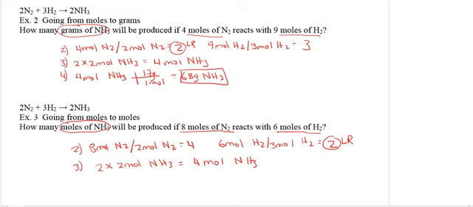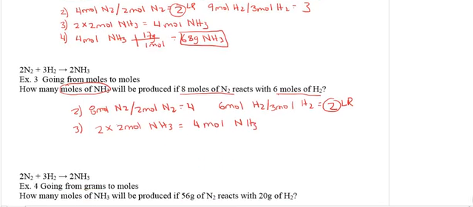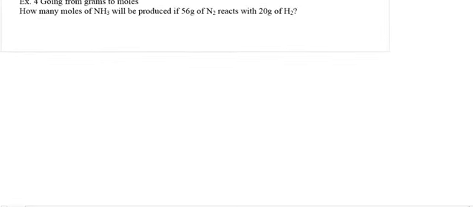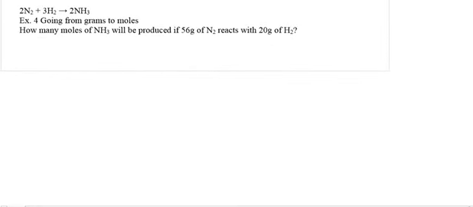All right, last example, we're going to go from grams to moles. So for this one, same logic. You're looking for moles of ammonia. So there's my circle. Given 56 grams of nitrogen, 20 grams of hydrogen. So how many steps do I need? Well, I definitely need to go from grams, so steps 1, 2, and 3, and that's it.